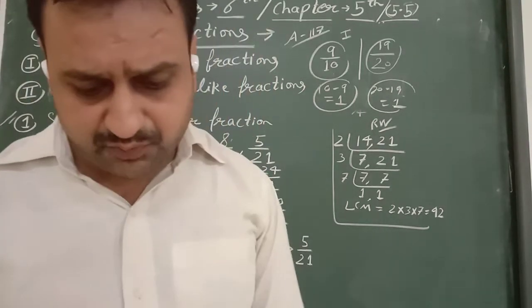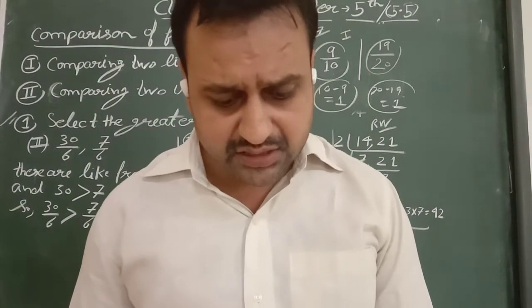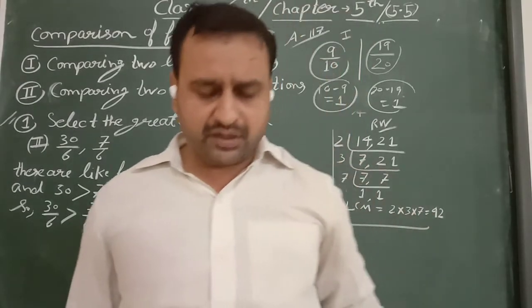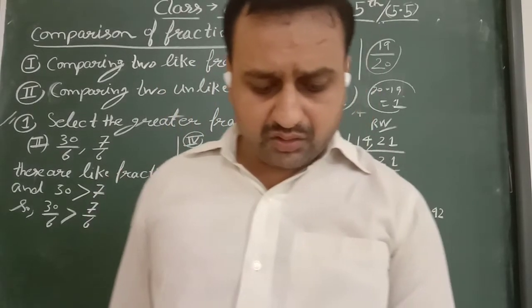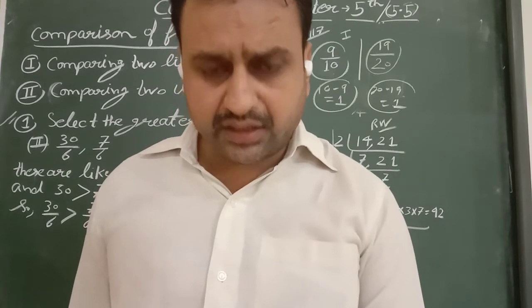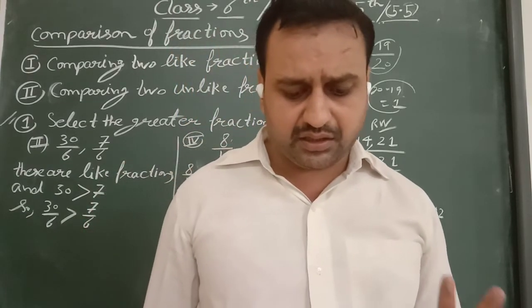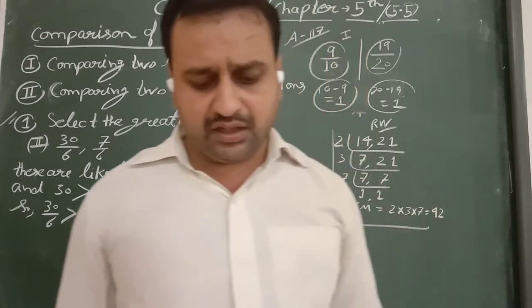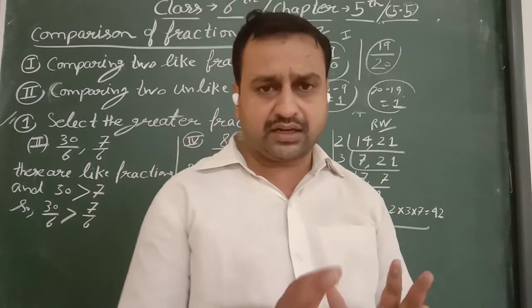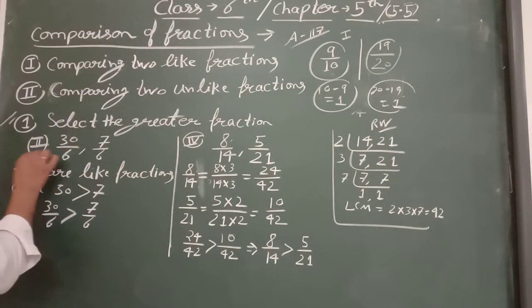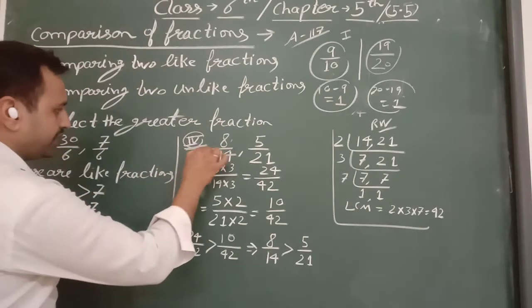Please open your maths book, Exercise 5.5, question number 1. In question number 1, you can see: select the greater fraction. There are 6 parts and in each part 2 fractions are given, and we have to select the greater fraction. We will note down the second part and the fourth part.